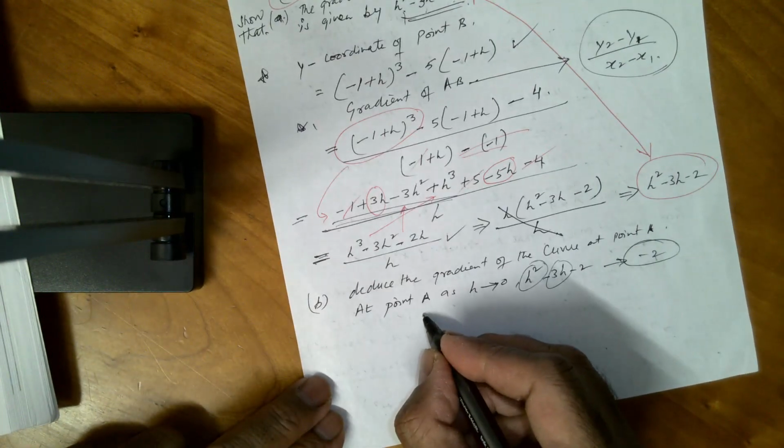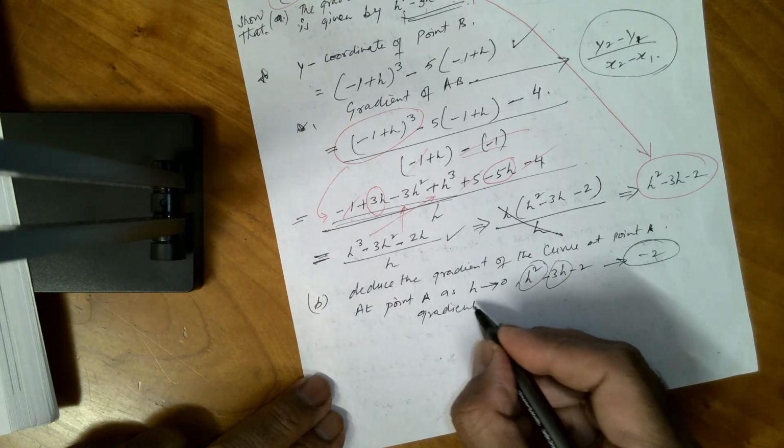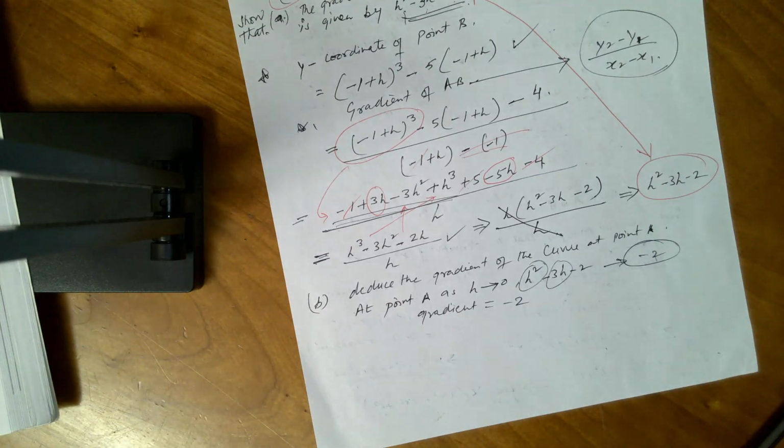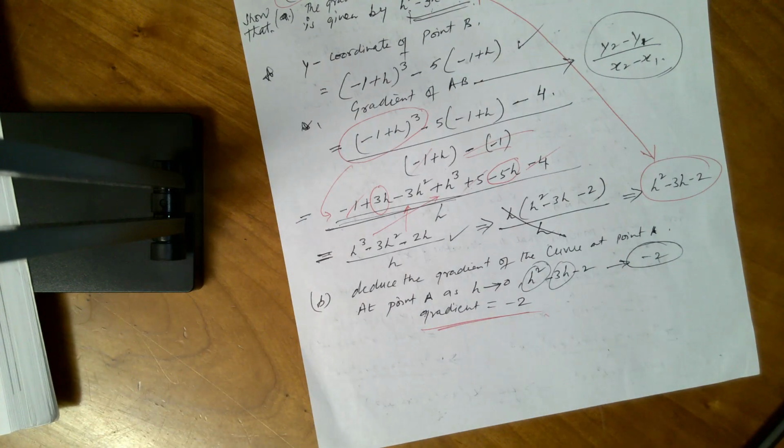So the gradient is equal to minus 2. This is what you will get. I hope you understand this.